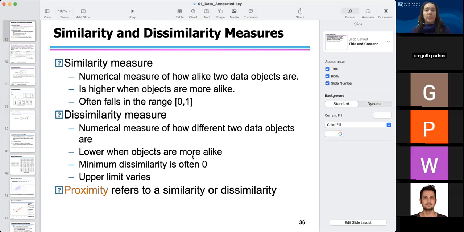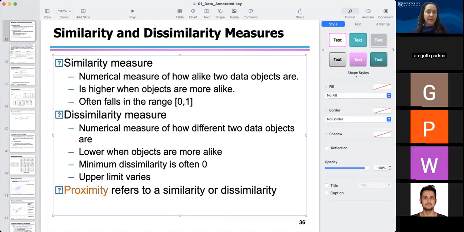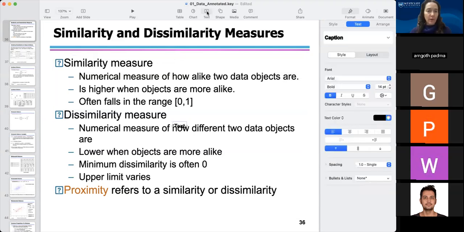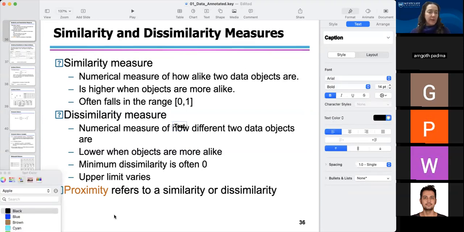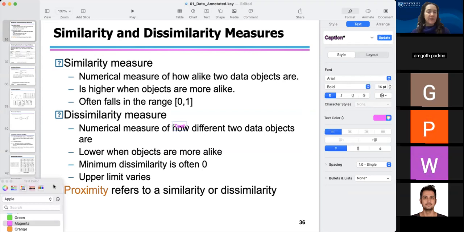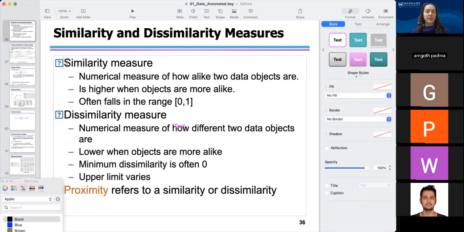So there is a way to analyze the objects that exist in the data. For example, if the data objects are customers of a bank, we could do some comparison between those objects. That is, we can tell this particular customer is similar to another customer.